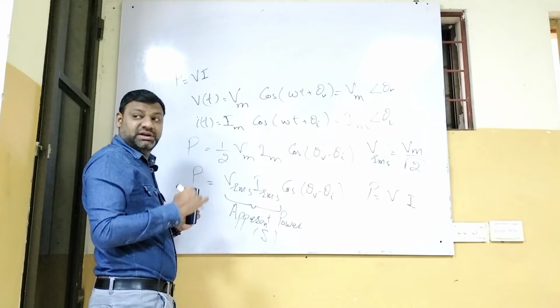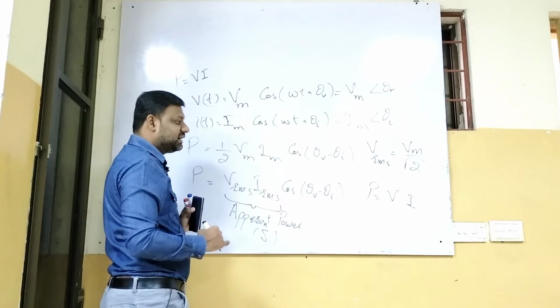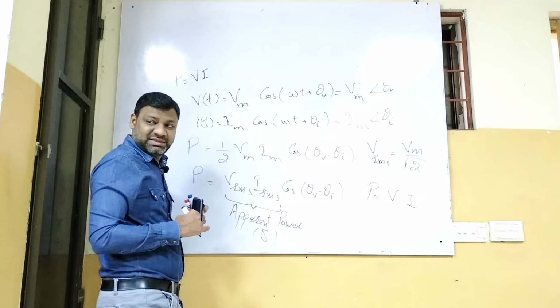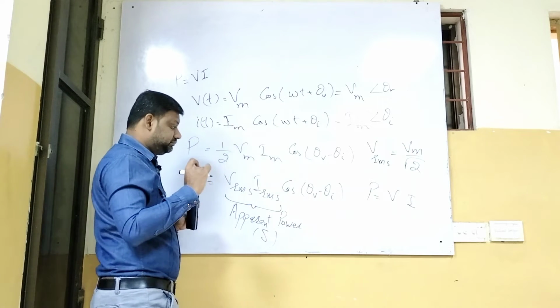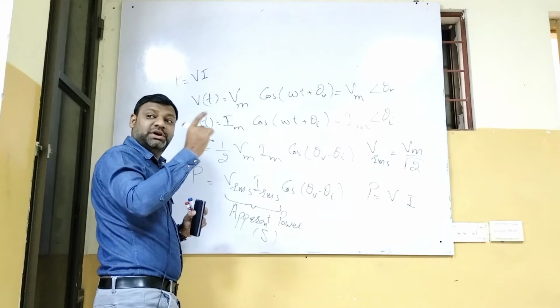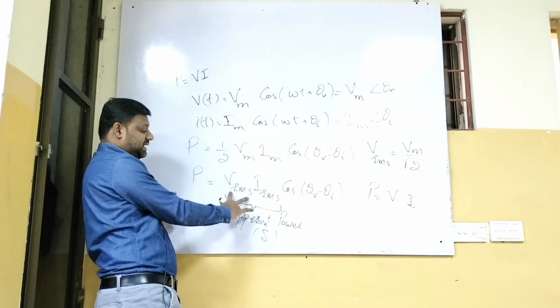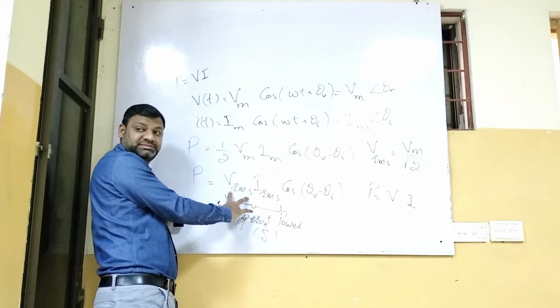In the last topic, the root mean square, we stated that if instead of a DC we applied an AC, then that AC will also produce some equivalent amount of that DC if we replace that AC, and that was the amount RMS.